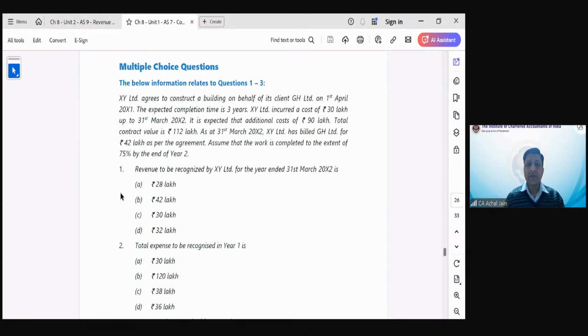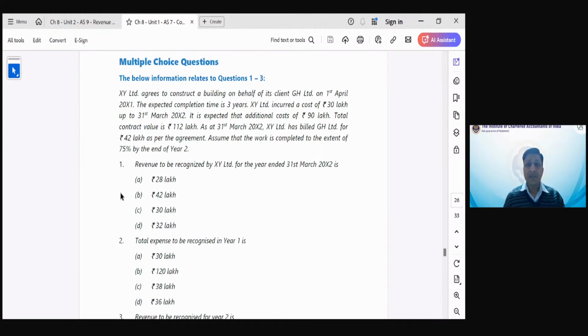So in this particular question, I'm not sure as to why they have considered that. Again, it's something one will have to look at. To my understanding, if you just look at this fact pattern, this is 30 divided by 120, 25%, and 112 lakhs into 25%.